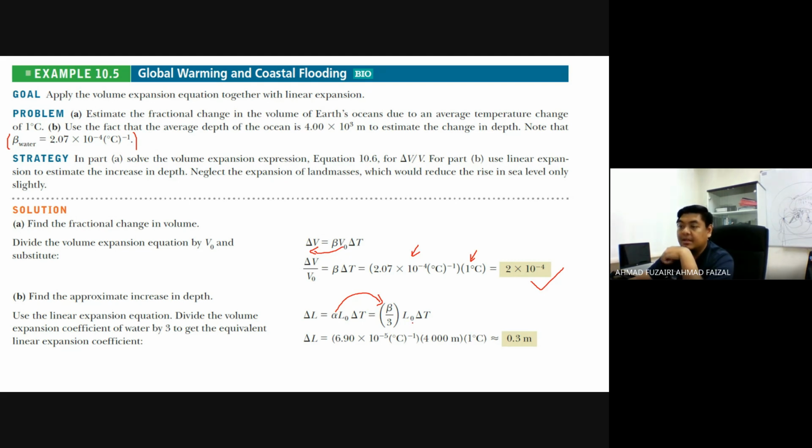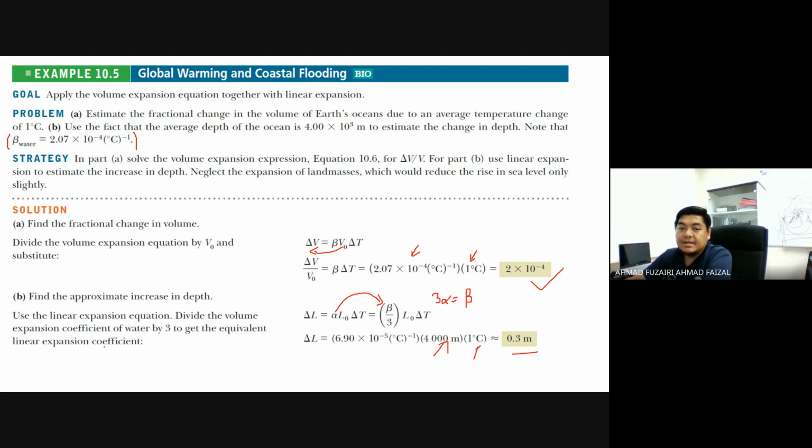Beta divided by 3, because 3 alpha is equivalent to 1 beta, and right now we don't have alpha, but we can use beta. So beta divided by 3 times L naught times delta T, where L naught should be the 4,000 meters and the temperature change is 1 degree Celsius. So you will get 0.3 meters.